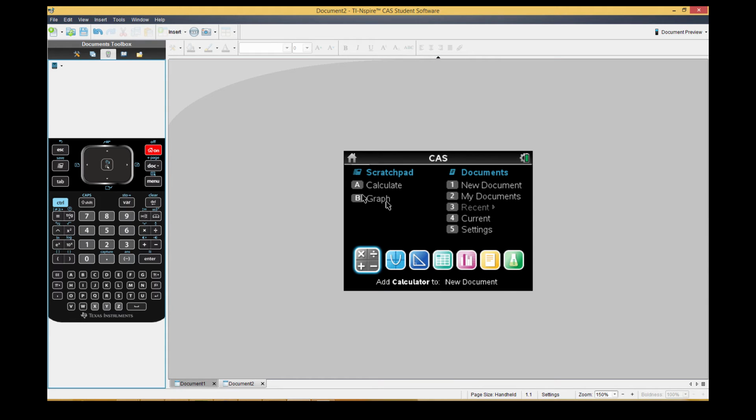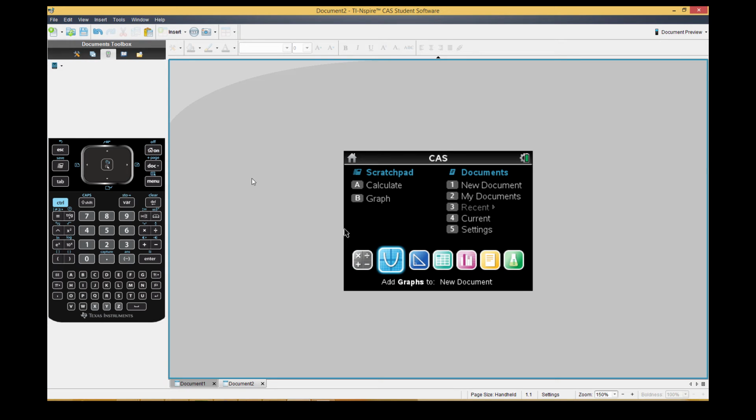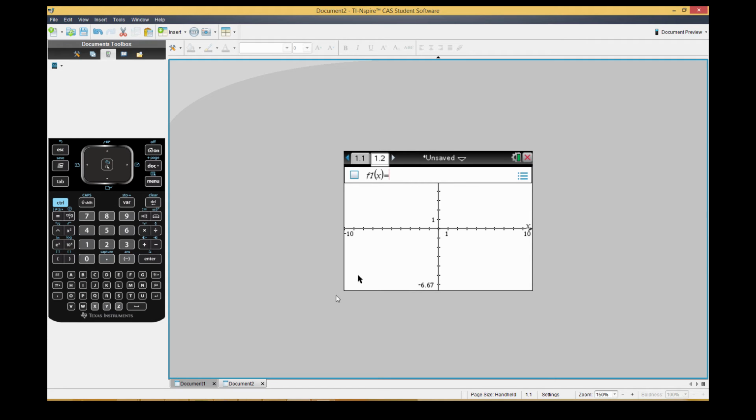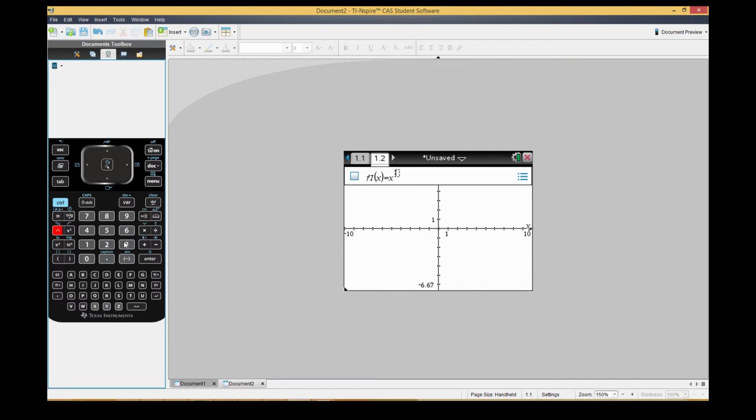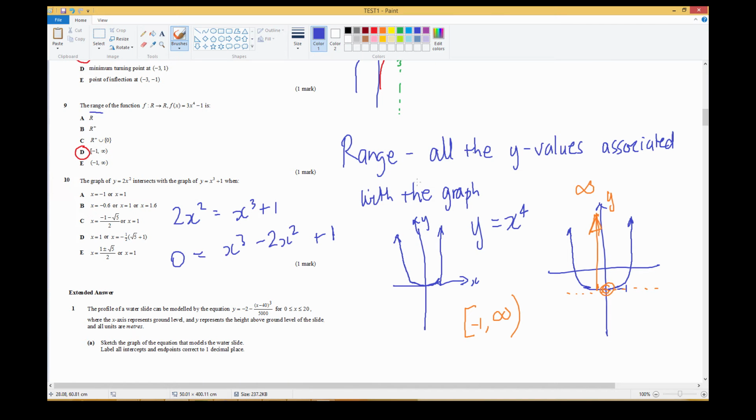We're going to draw the graph this time. The equation was x cubed minus 2x squared plus 1.